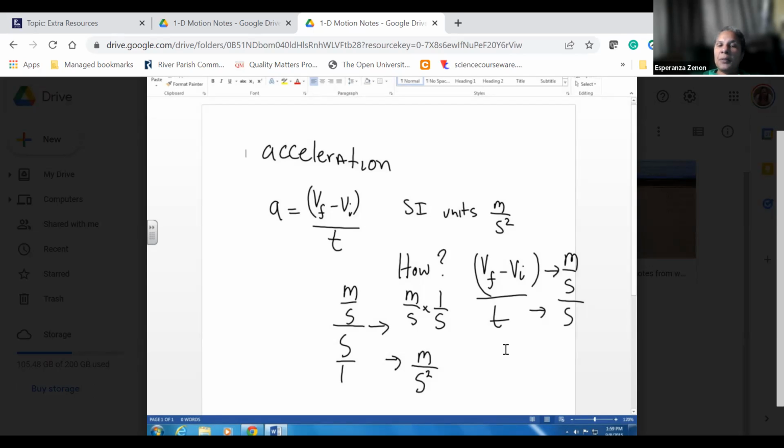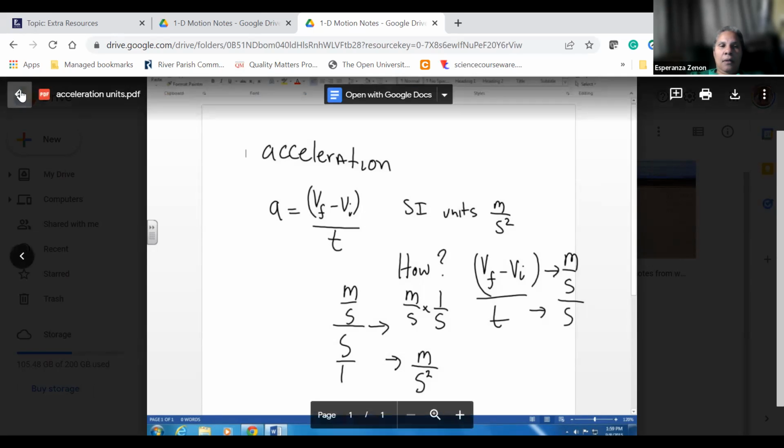That becomes meters per second squared. So acceleration in the SI system has units meters per second squared. And you get that because you're dividing the unit for velocity by the unit for time. Okay. All right.